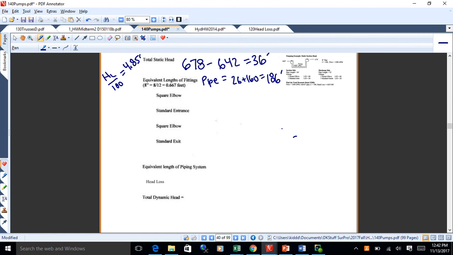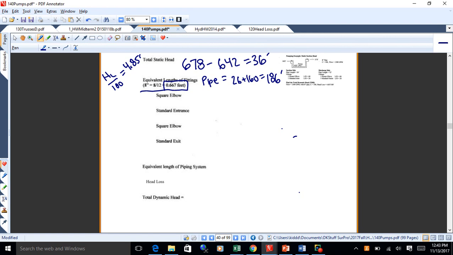All right, so what we want to do next is figure out the equivalent length of the fittings. For starters, we've got 8-inch pipe, which is 8/12 of a foot, 0.667 feet. That's the pipe diameter. And what we want to do then is get those L over D values, which I think I show.